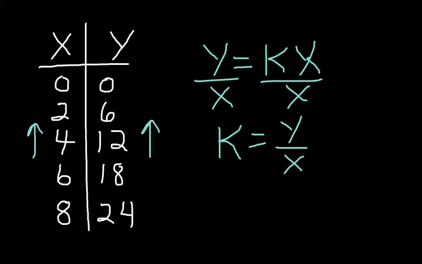You'll notice that if we take any of the examples on the left-hand side in the table, any y over any x will always be the same amount. The 6 over 2 will be 3. The 12 over 4 will also be 3. 18 over 6 will be 3. And 24 over 8 will be 3. All the constants of variation would have to be the same in order for this to be a direct variation.